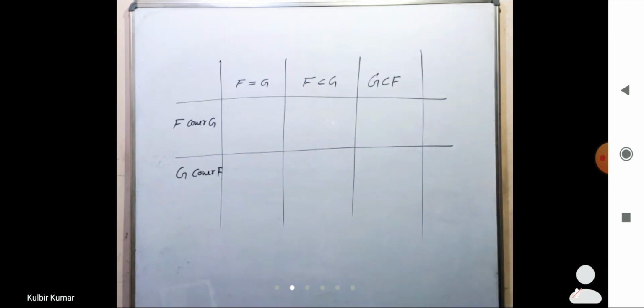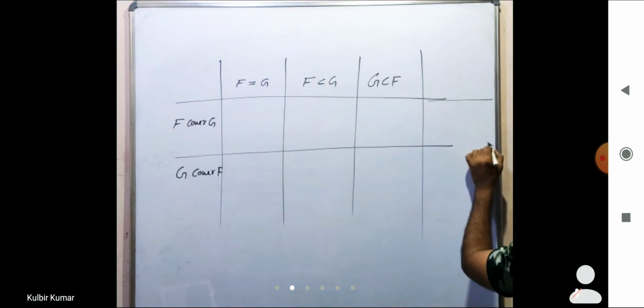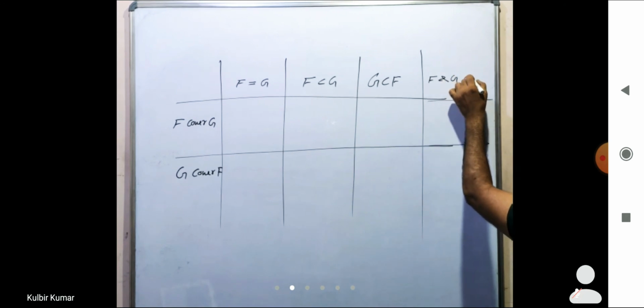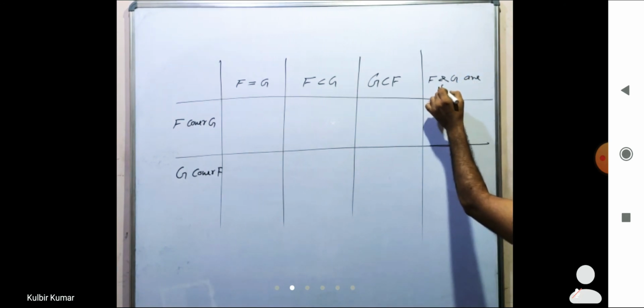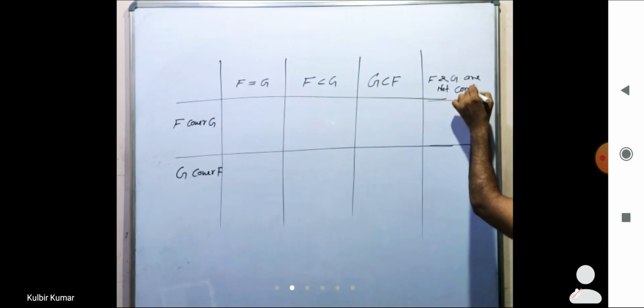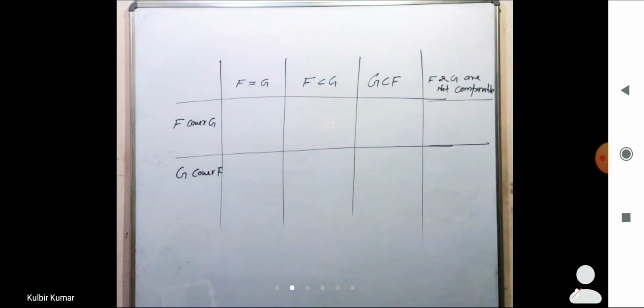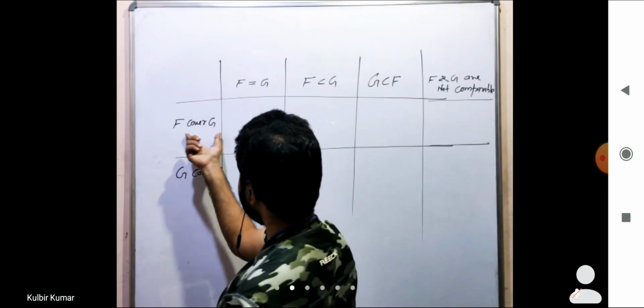And F and G are not comparable. So what is the meaning of F covers G?